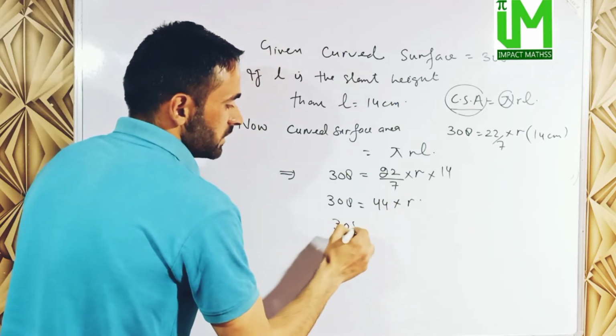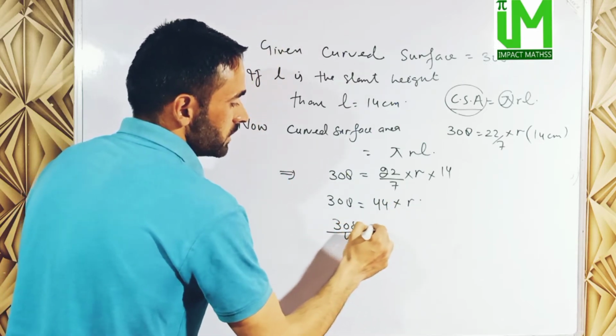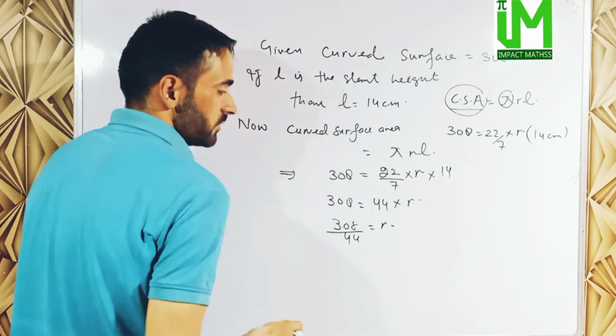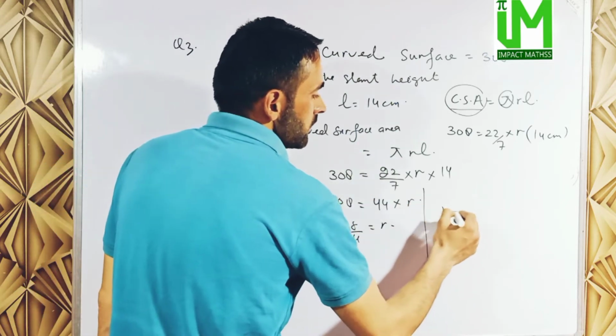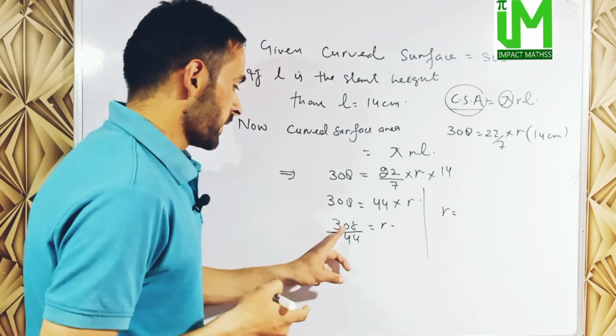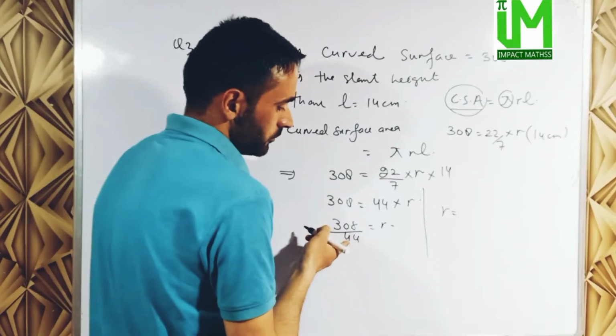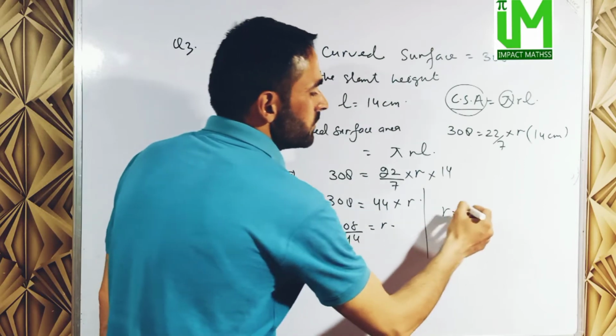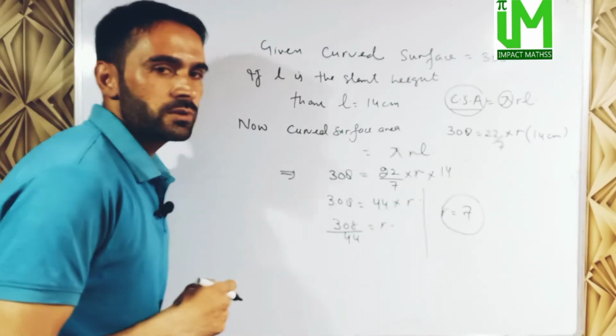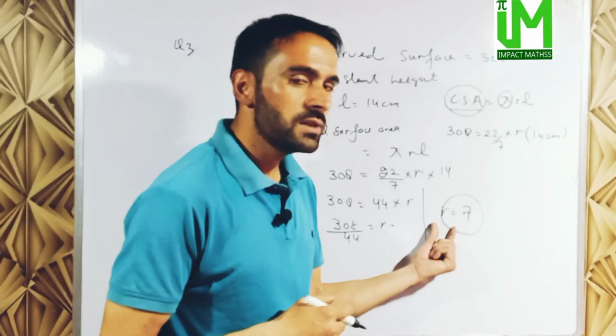So 308 divided by 44 is equal to r. 308 divided by 44 will be 7, in fact. So r is equal to 7. So the radius value is equal to 7.